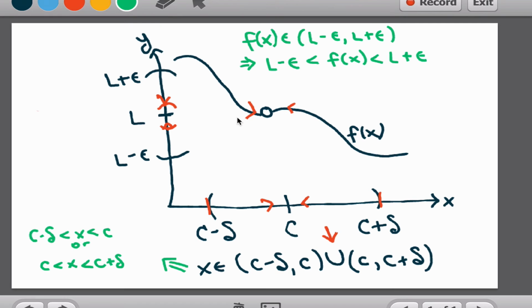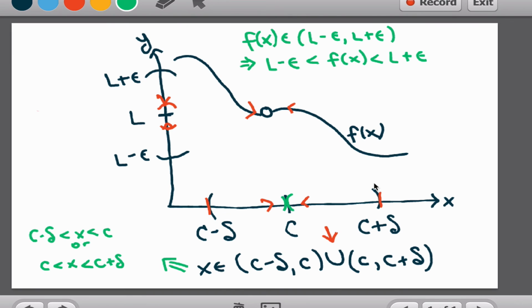That looks like this. This is what you will see in the definition to come in just a bit. If f of x is in this interval, L minus epsilon to L plus epsilon, that means that f of x is sandwiched between L minus epsilon and L plus epsilon. It's bigger than L minus epsilon, but it's smaller than L plus epsilon.